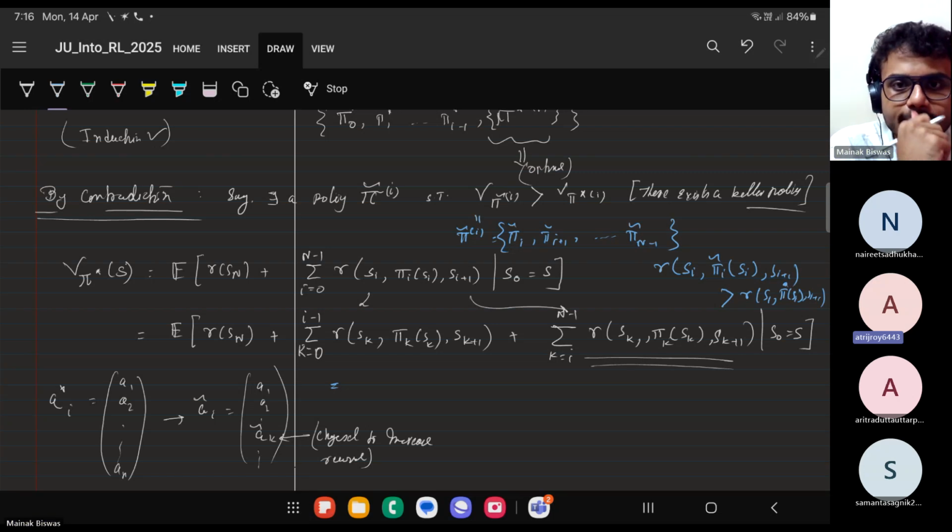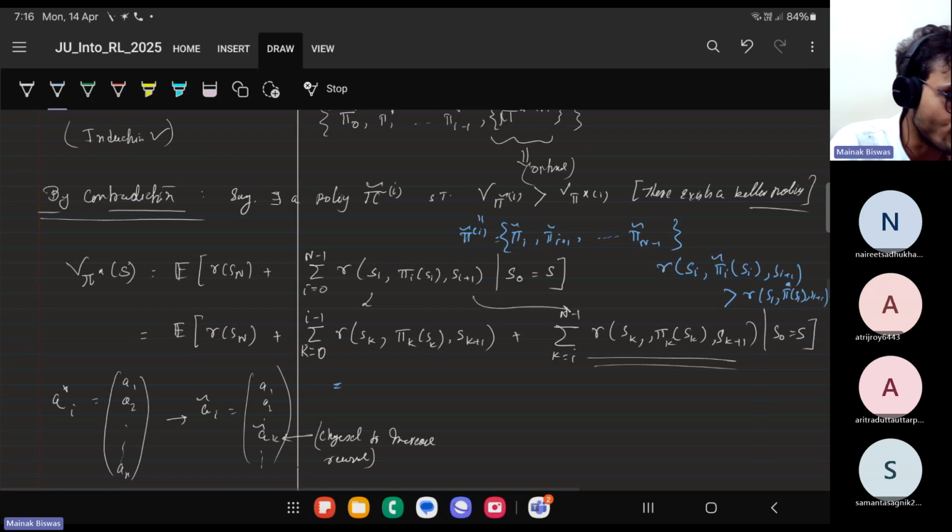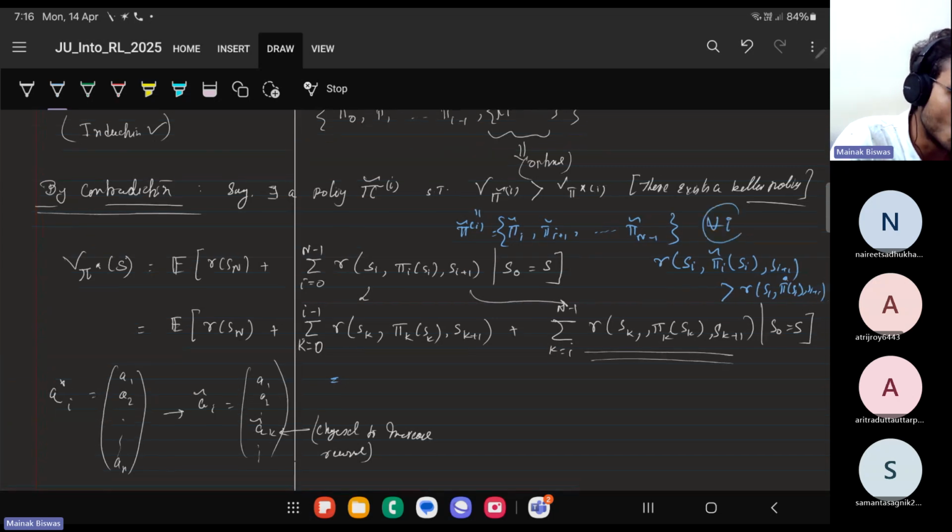But it may be that the total summation is greater for pi tilde than pi star, but for a few steps this is not true. Then also it can be. No, but that is true. But I am saying this for every possible I. This is for all I. If it is true for all I, then that cannot be true, no? The pi I can be between n minus 1, n minus 2, and so on till 1.